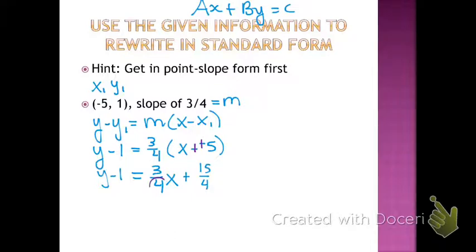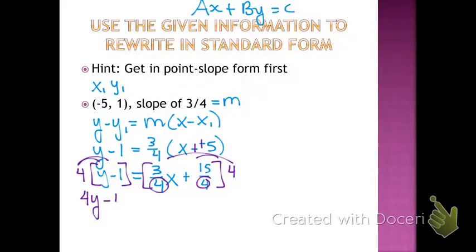So our denominators are both 4s, which means the common denominator will be a 4. So let's multiply both sides by 4. On the left, 4 times y is 4y, and 4 times 1 is 4. On the right, 3/4 times 4 is 3, and 15/4 times 4 is 15. Okay, that clears things up pretty nicely.